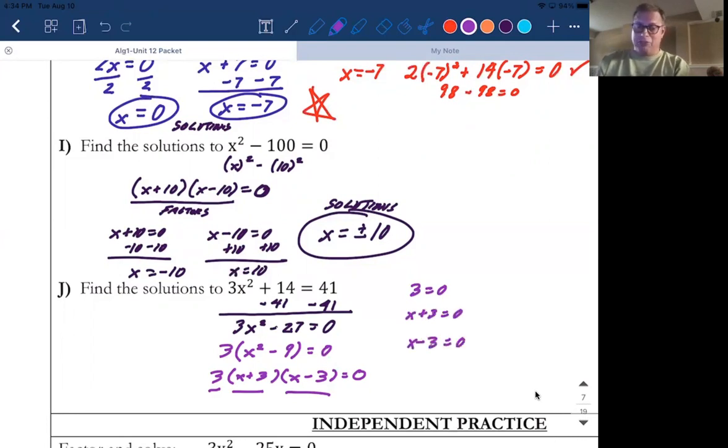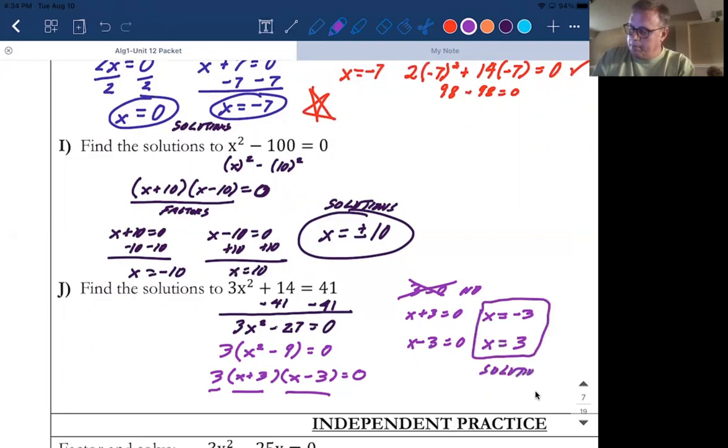Well, we have a problem with the first statement. 3 equals 0? No. You can't do that. We can't get a solution out of that. Now, because it's x squared, I could have 2 solutions maximum. So setting x plus 3 equal to 0 gives me a solution of -3. And doing the same on the bottom here, I get 3. So these are my solutions right here, where all of this down here was the factors, including the 3.